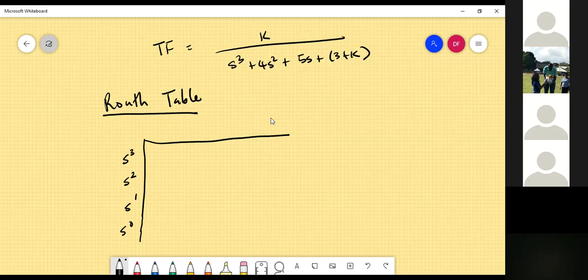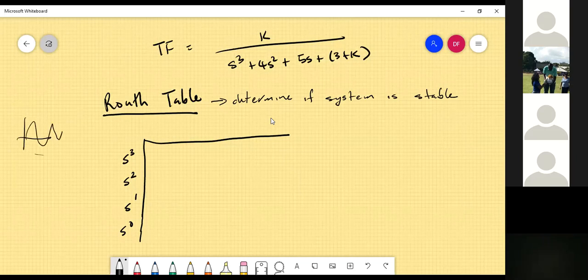Okay, all right. So we're going to use the Routh table to determine if the system is stable. Well, we can use it because we want to determine what will make the system marginally stable. And marginally stable means that the system oscillates.